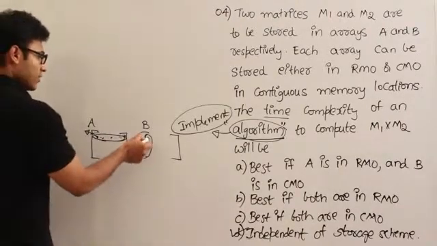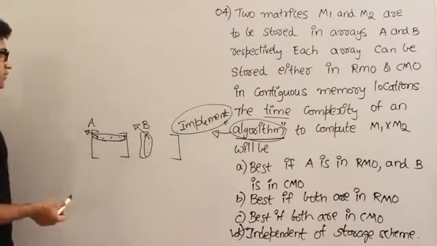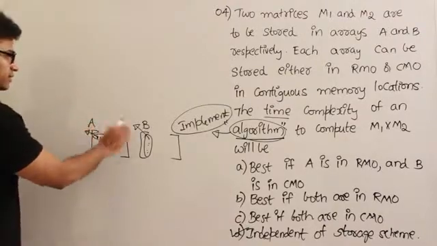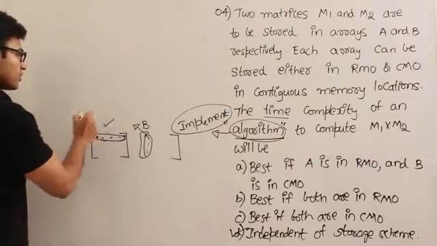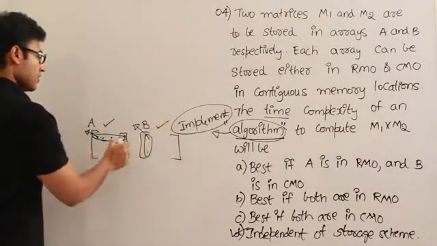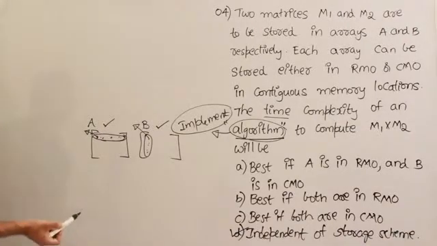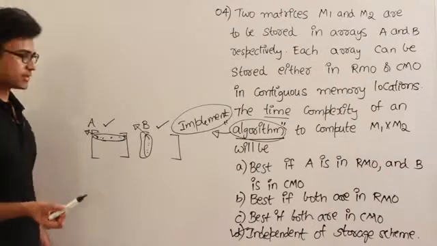And similarly, whenever you get the first element of B, the successive elements will be present in the cache, isn't it? So for this implementation, A is represented in row major order and B in column major order. If you go like that, it will be easy to implement it. I mean, the number of page faults or cache misses will be less, right?